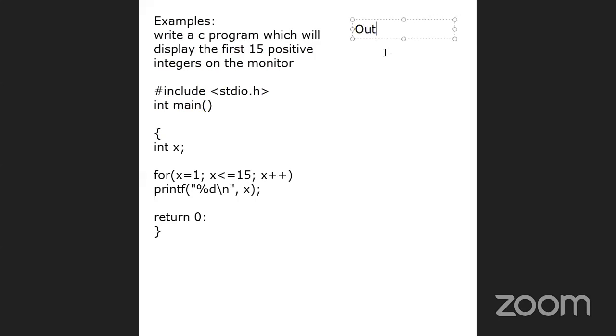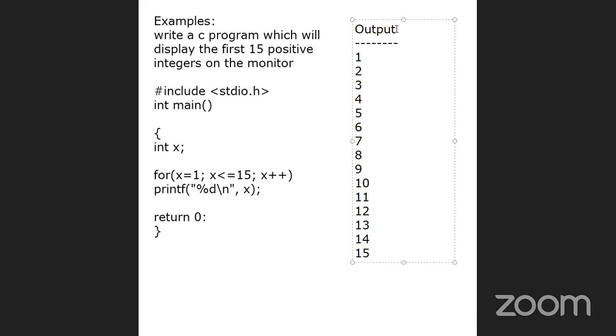So our output is going to appear in this format. Your output is going to be 1, 2, 3, 4, 5, 6, 7, 8, 9, 10, 11, 12, and so on. We stop at 15 because that's the maximum that we stated there.